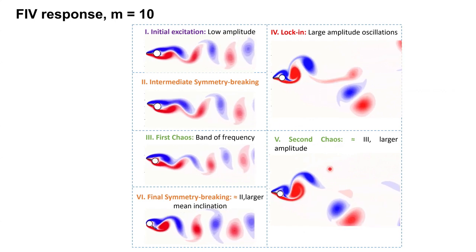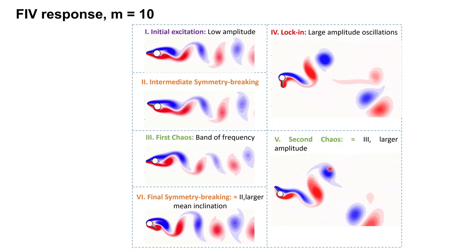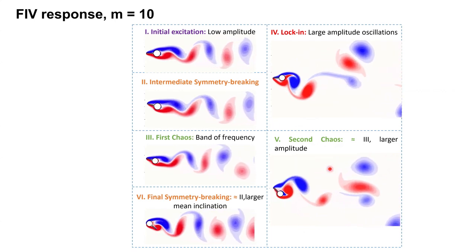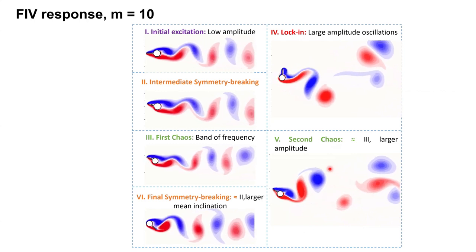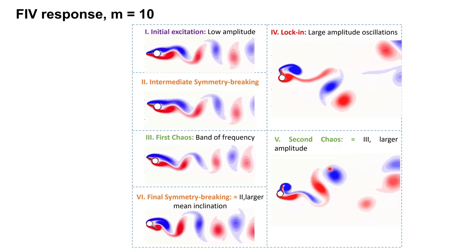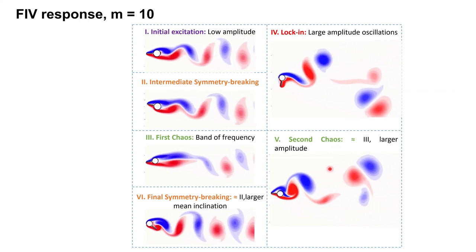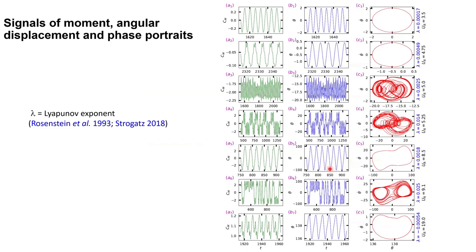Okay. So now let us see this data in plots, and we will discuss why we are getting these regimes and how we can use these regimes for the understanding of dynamics and also from the point of view of energy harvesting. So these are the signals of different cases.